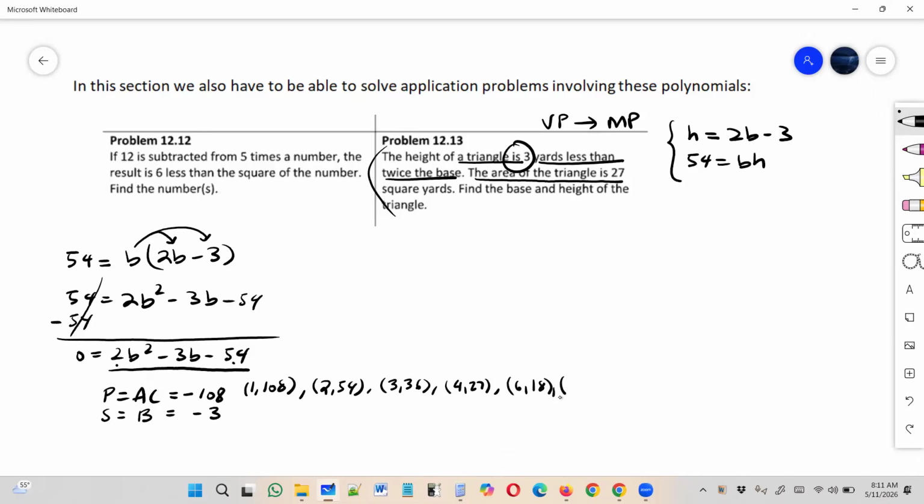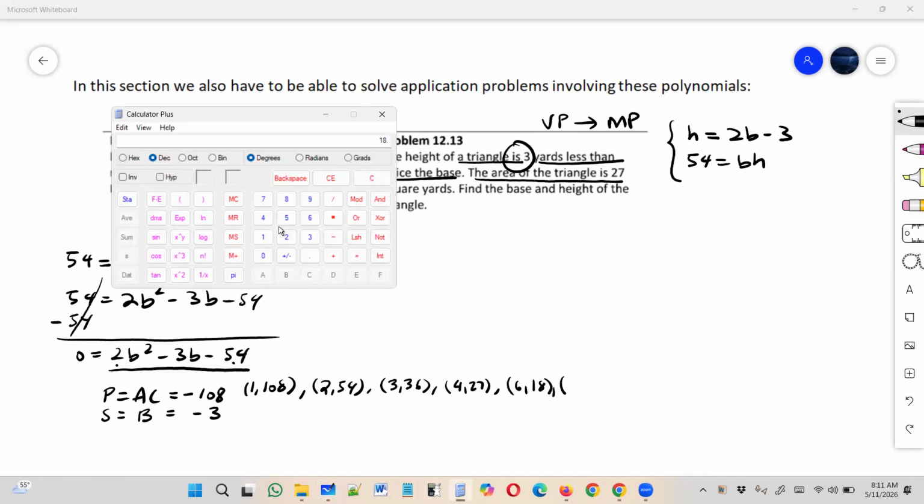If you don't know what the answer is immediately, this is what you have to do. You have to start dividing. How about 7? 7 might not work, but we can try. 108 divided by 7. No, that doesn't work. How about 8? 108 divided by 8. That doesn't work. 9 probably doesn't work either, but we can try.